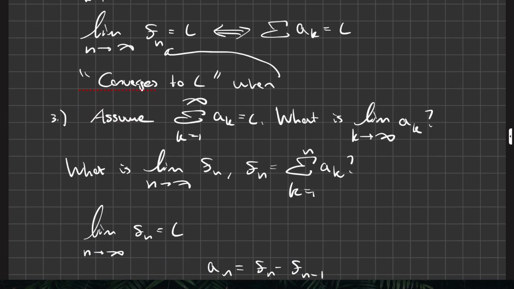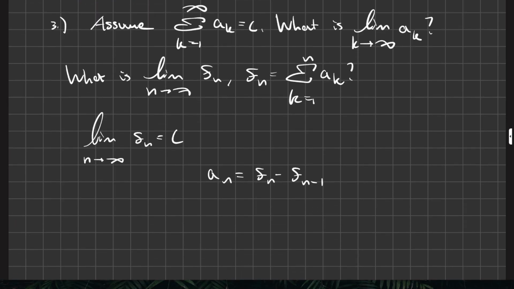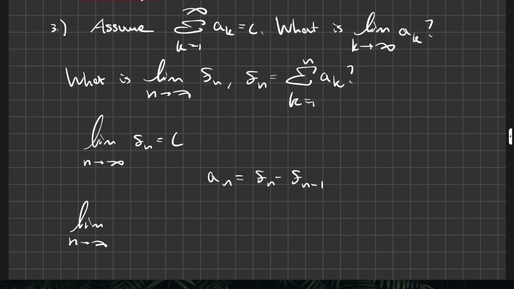Okay. So if s sub n goes to L, then we can do some basic algebra with these limits. So we'd have the limit as n goes to infinity of a sub n would just be the limit as n goes to infinity of s sub n minus s sub n minus 1.